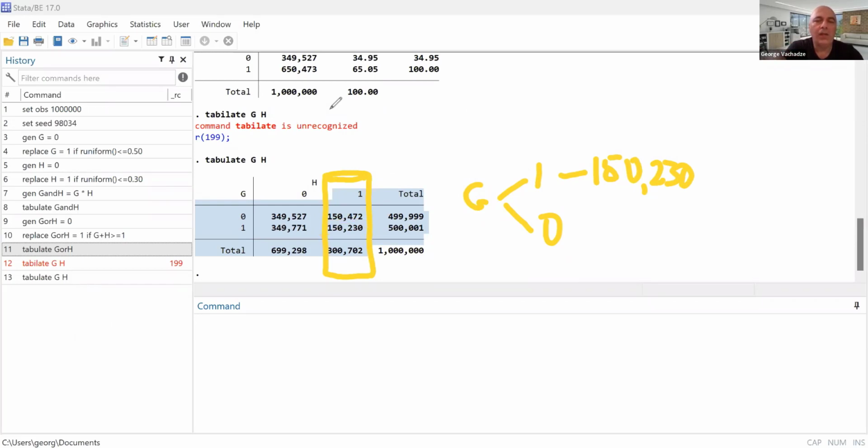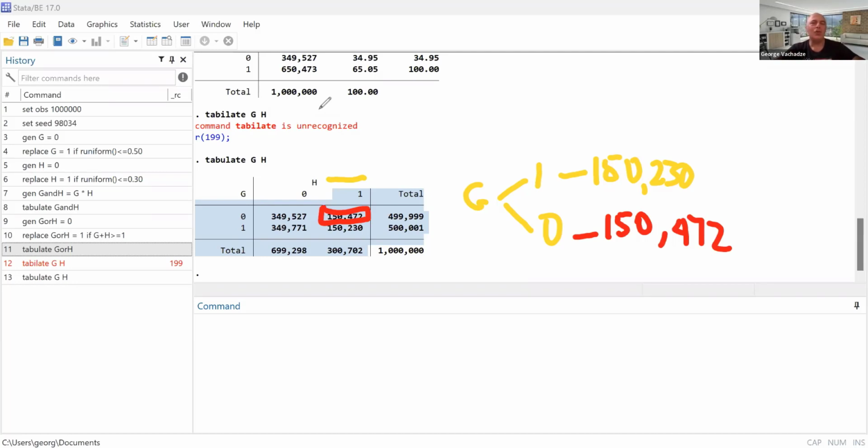That you see here. So this one is G equals 0, conditional on H being 1. This is 150,472. That basically indicates that if H is 1, G taking values 0 and 1 are almost the same. So it's 50%.